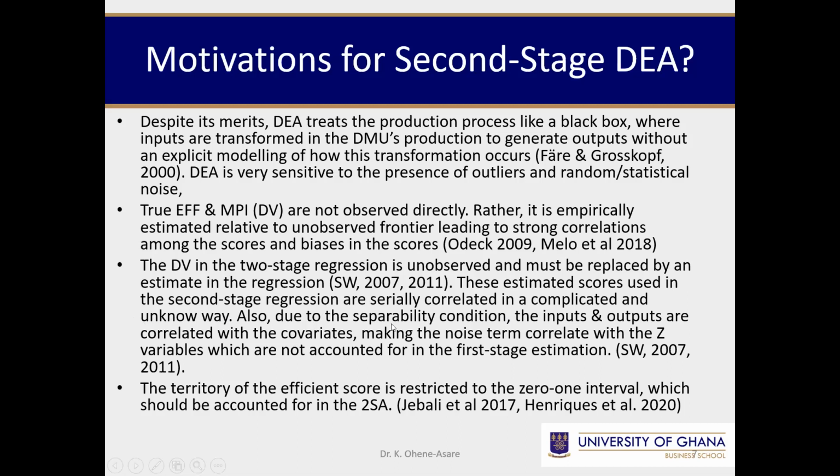And remember that we mentioned the issue about the separability condition. So due to the separability condition, the inputs and the outputs are correlated with the independent variables that you use in the second stage. Now, remember this. Listen carefully, because this is a little bit technical. The inputs and the outputs in the first stage were the ones that generated what?